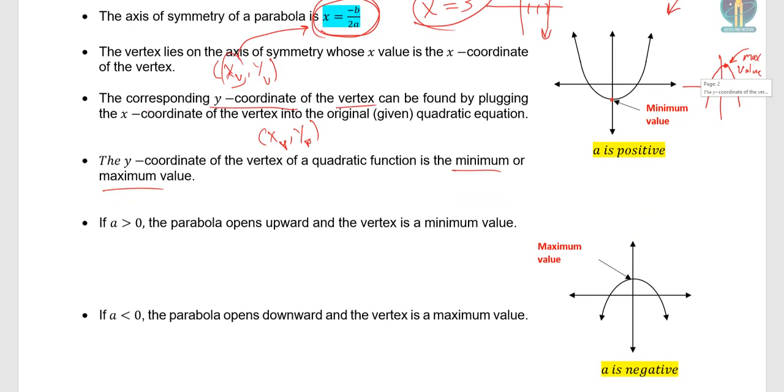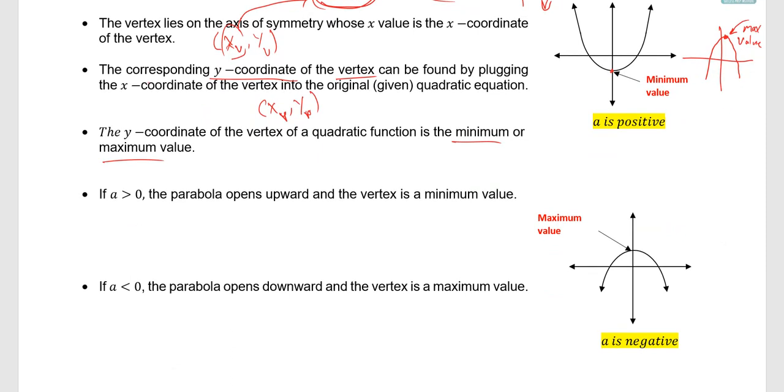And this is summarized here, right? So this is all determined by a, which is the coefficient of the quadratic term. Remember the equation form, f of x equals ax squared plus bx plus c.